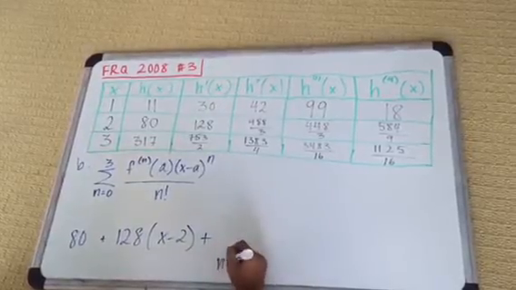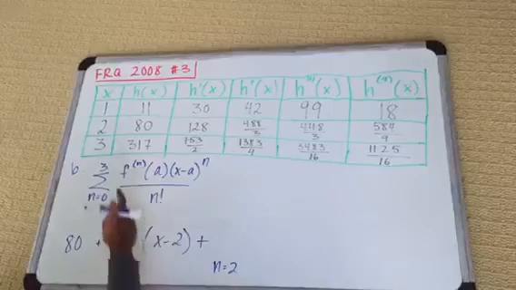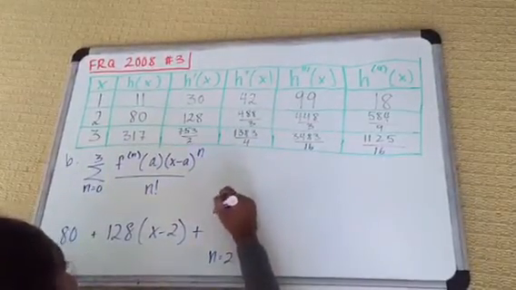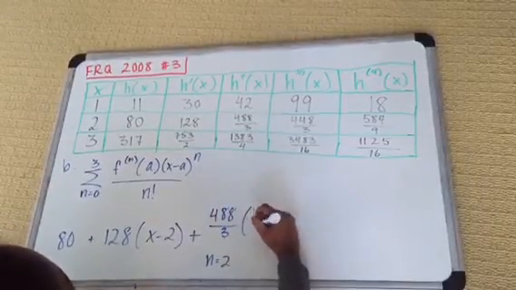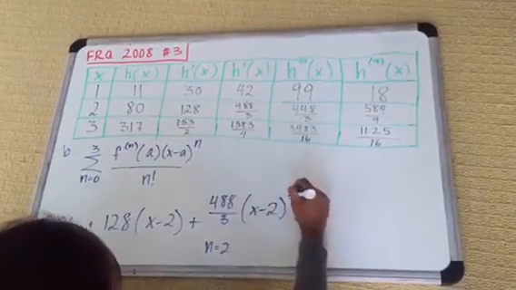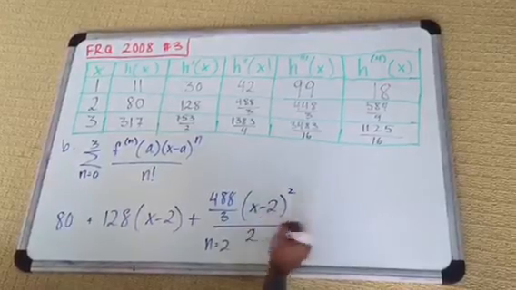It's going to be n equals 2 because it goes 0, 1, 2, 3. And f double prime of a, that's h double prime of 2, which is 488 over 3. And it's going to be x minus 2 to the n, so 2 squared, all over 2 factorial. 2 factorial is just 2.